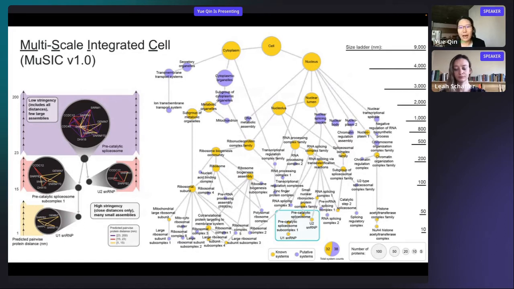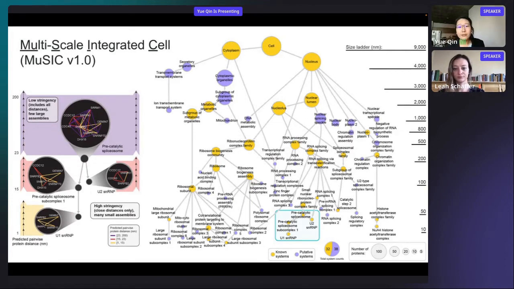We found that almost half of our systems are potentially novel and might contain exciting biological insights. Furthermore, I'd like to stress the advantage of doing this pan-resolution community detection instead of what you will probably often see as hierarchical clustering.